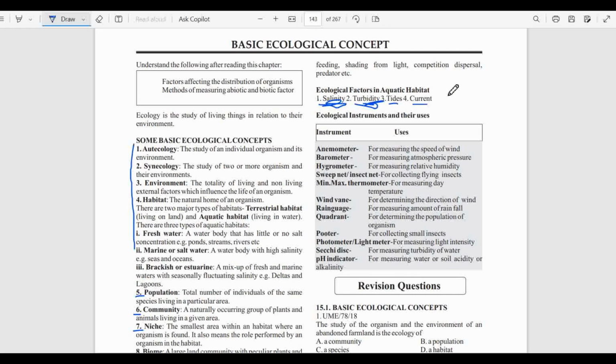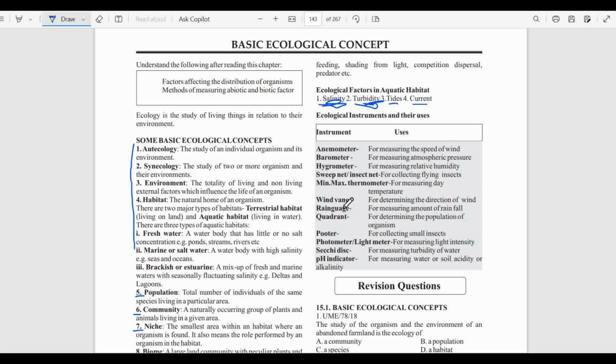All right, so how do you measure these ecological factors, particularly the abiotic factors? You have different instruments like an anemometer for measuring the speed of wind, the barometer for measuring atmospheric pressure, hygrometer for measuring relative humidity. You talk about the insect net or sweep net.